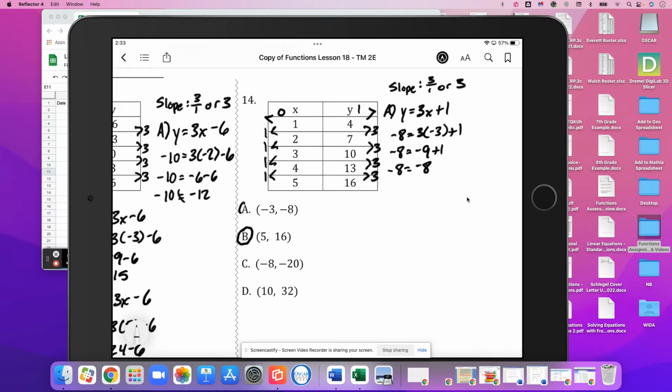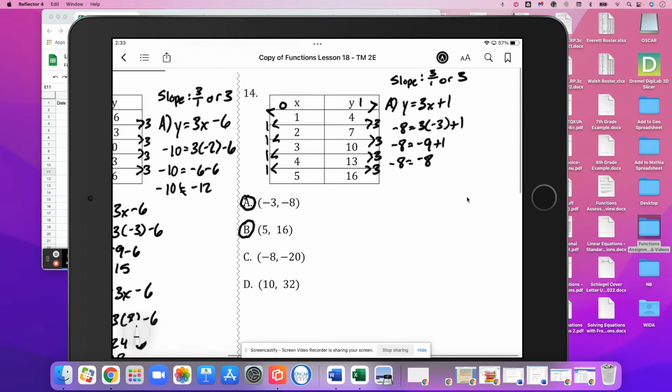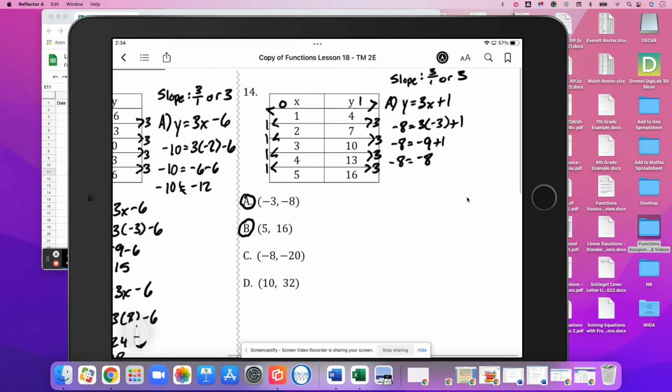So A is a solution to this, or it does satisfy the function. So C, y equals 3x plus 1. -20 is equal to 3 times -8 plus 1. -20 is equal to -24 plus 1. The answer is going to be no. -20 is not equal to -23.